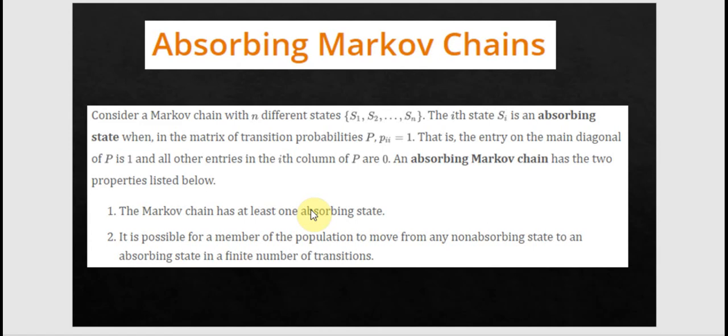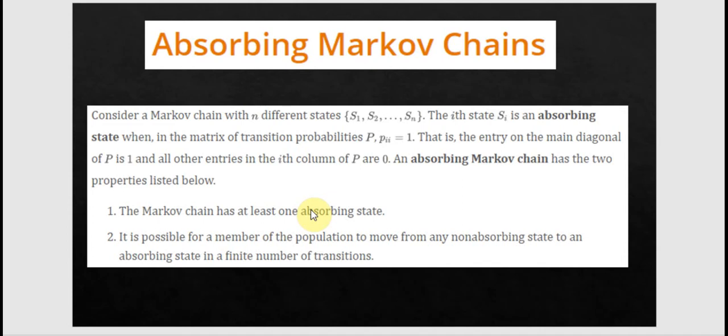Absorbing Markov chains. Consider a Markov chain with n different states, and that's basically what we've been doing already. The ith state, S sub i, is said to be an absorbing state when in the matrix of transition probabilities P, P_ii is equal to 1.